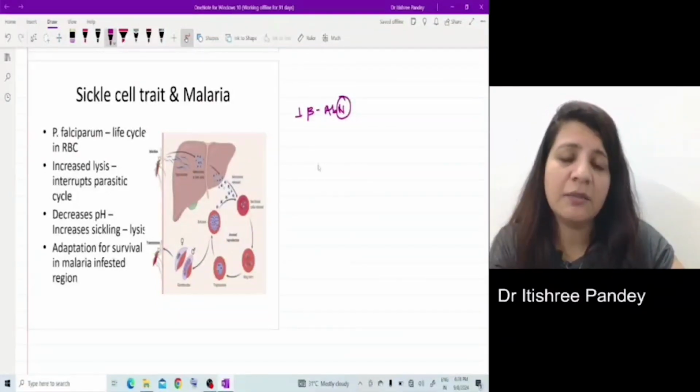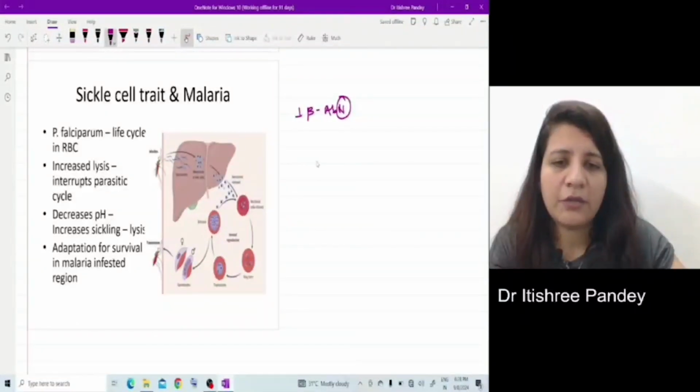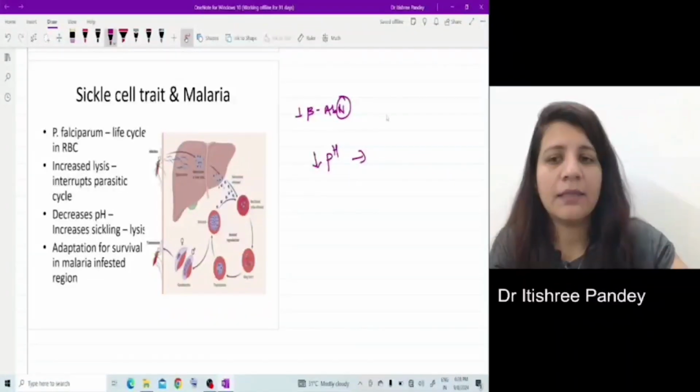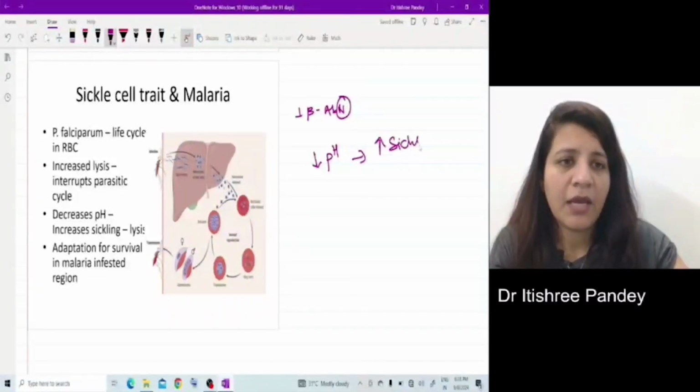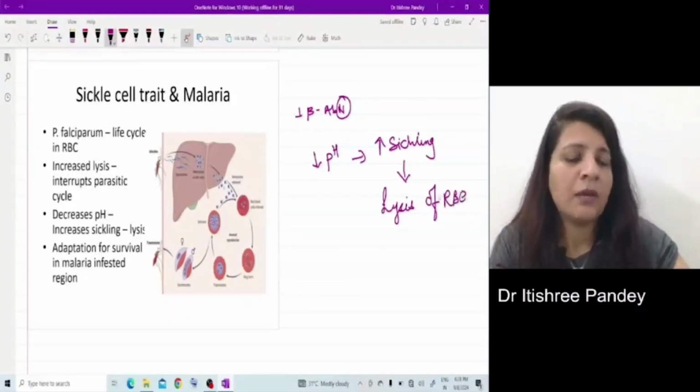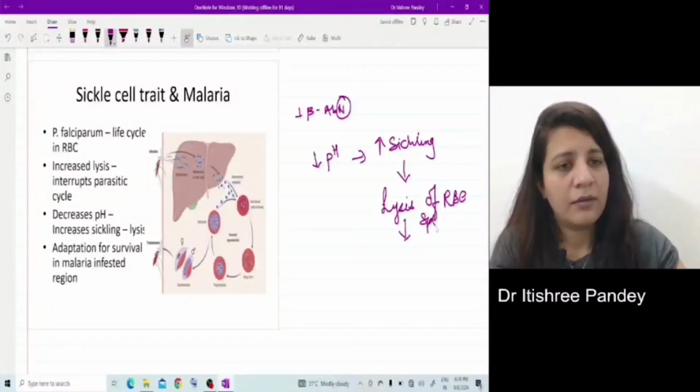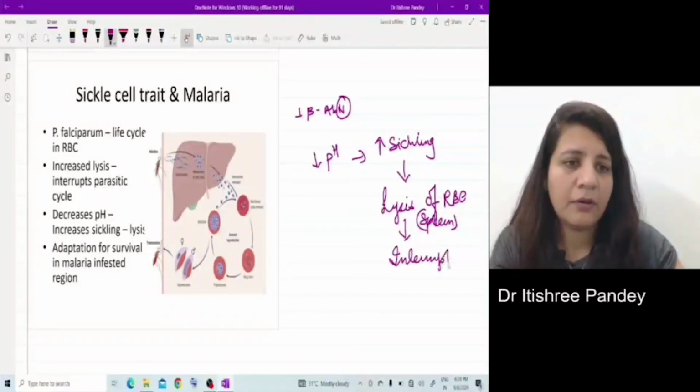Once Plasmodium falciparum enters into the RBC, it decreases the pH, hence increases the sickling. Once there is an increase in sickling, there would be lysis of the RBC in the spleen, and hence it will interrupt the life cycle of Plasmodium falciparum.